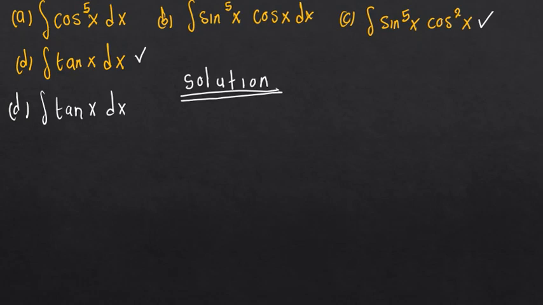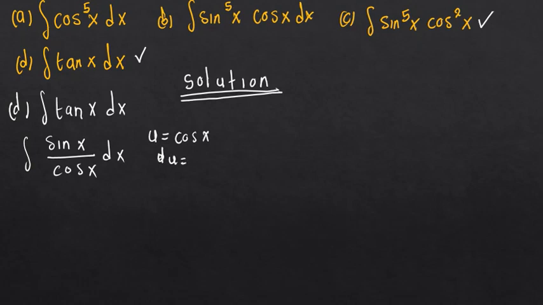Okay, well, this is just the same as sine x over cosine x dx. You can equate your u to cosine x so that your du can equal negative sine x dx.